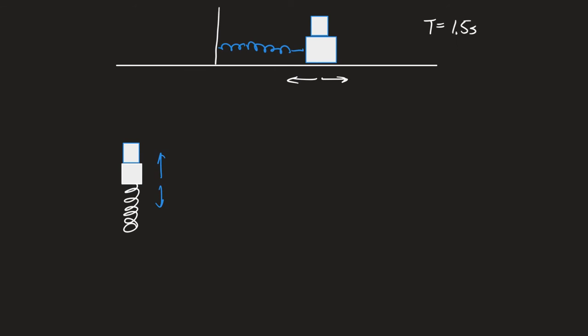So what force causes this top box to move back and forth? The spring does not. The spring's not in contact with the top box. I've heard a few people say it, but what force is actually moving the top box? Friction.